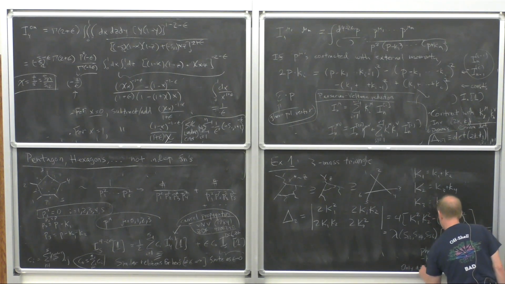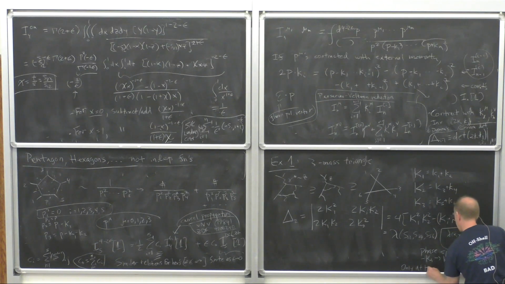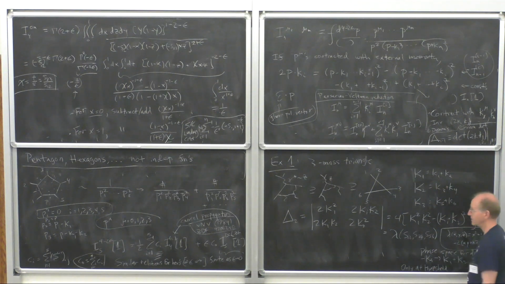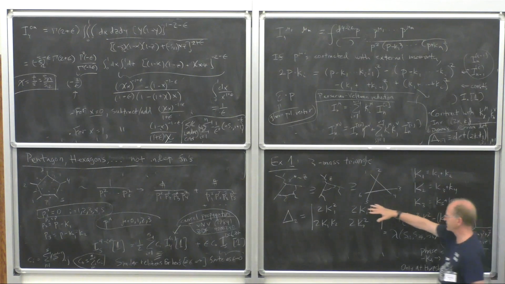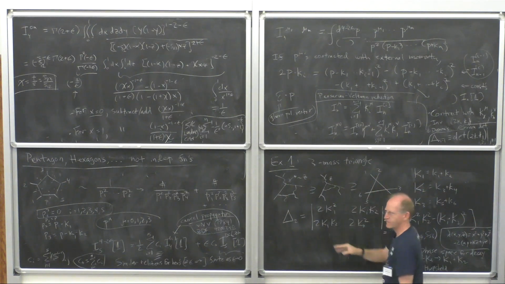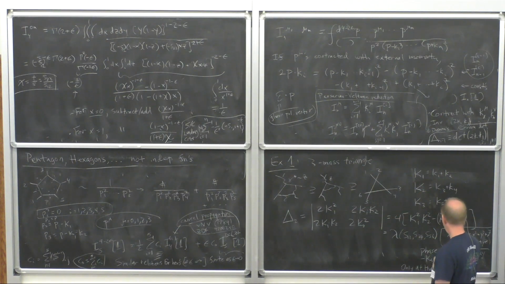So there are some extra singularities when you reduce down integrals like this that contain this 3-mass triangle, but you kind of know at least where their singularities are.